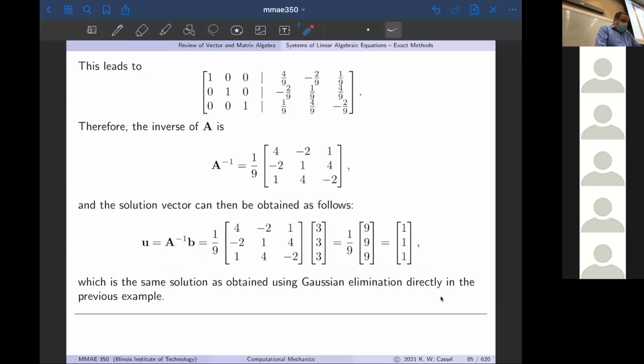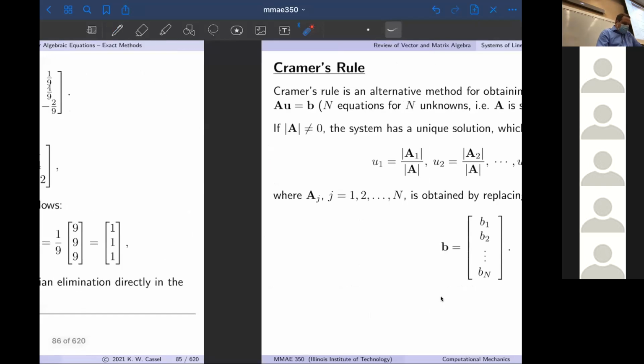For the 3 by 3 case here, probably getting the inverse is a little more work because you're doing the Gauss elimination on a 3 by 6 matrix rather than a 3 by 4. So it's a little bit more work in this particular situation. But of course, you get the right answer.